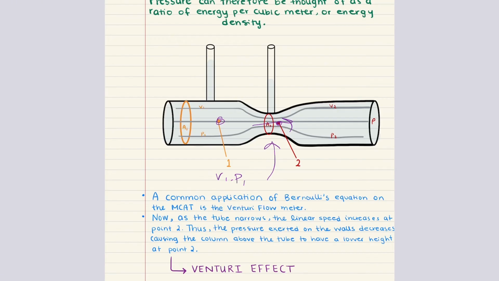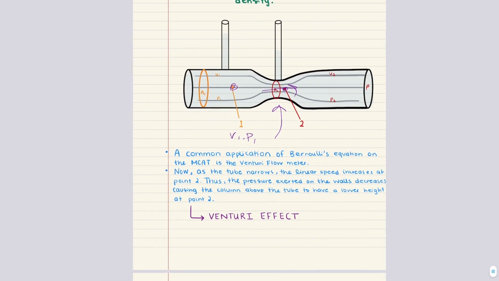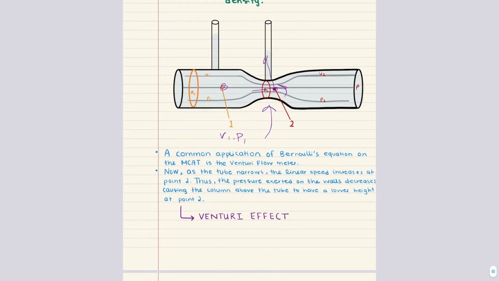This increase in speed, however, is going to lead to a drop in pressure P2. We can see the results of this pressure drop in this diagram here, where the fluid column above point 2 is lower than that above point 1 right here.